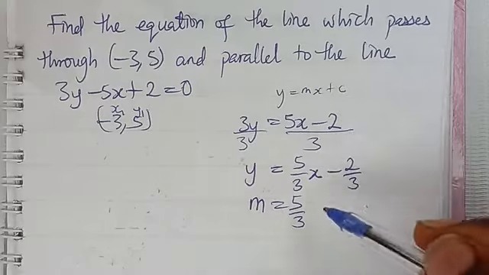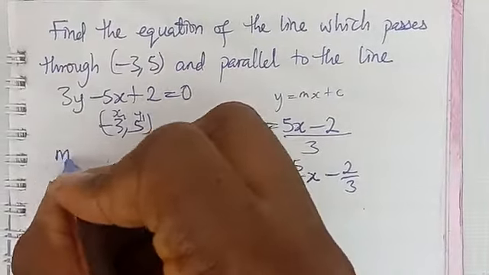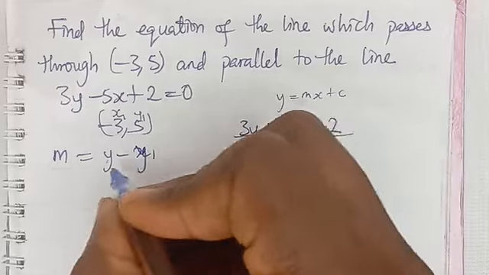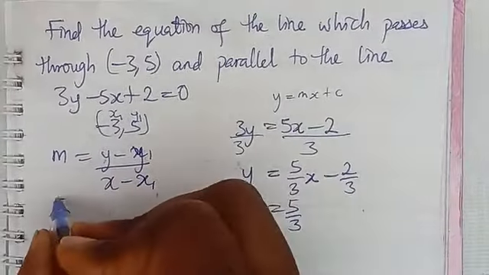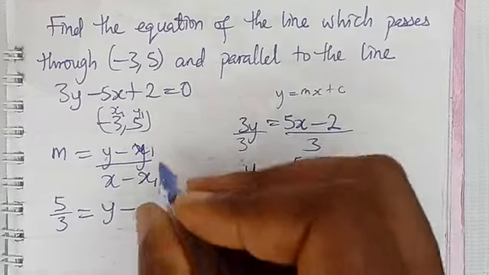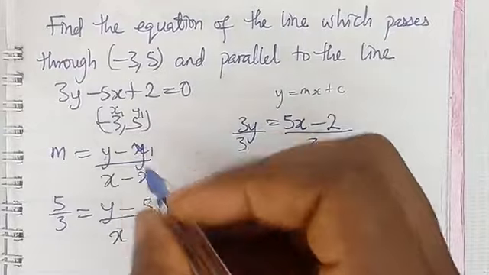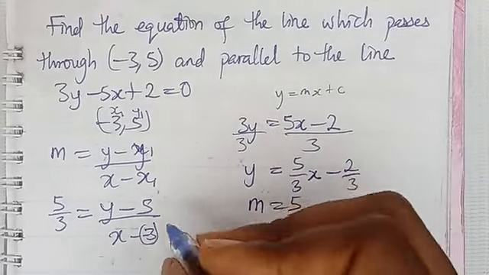So seeing that the gradient is 5 over 3, we now come to this formula that the gradient is equal to y minus y1 over x minus x1. We have that 5 over 3 is equal to y minus y1, which is 5, over x minus x1, which is negative 3. So that gives us plus 3, right?